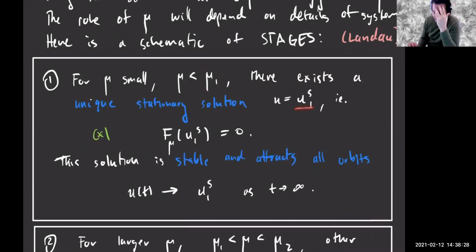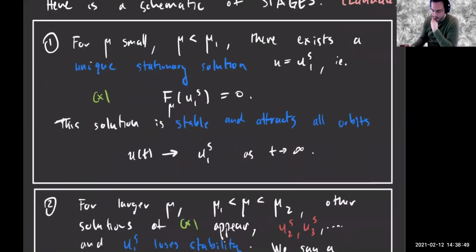Let's call that solution U_S. It just satisfies that it's a 0 of the vector field F_mu. And this stationary solution is stable and it attracts all orbits. So any other solution starting from some initial data asymptotically approaches this stable stationary state as time goes to infinity.